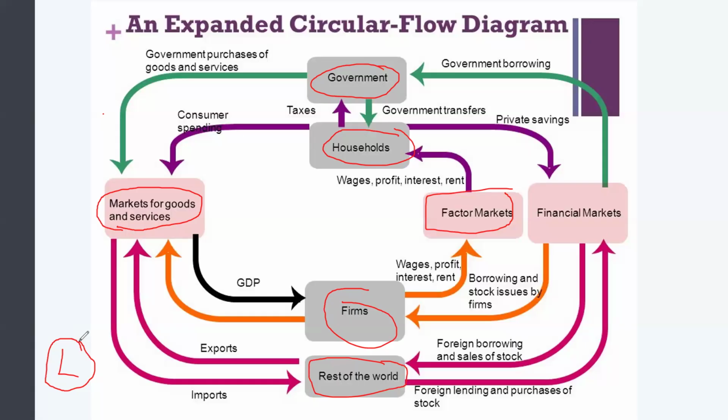So a leakage is money going out of the economy, and an injection is money coming into the economy. Imports are leakages, exports are injections into the economy. Taxes are leakages, government grants, subsidies, and transfers are injections into the economy.